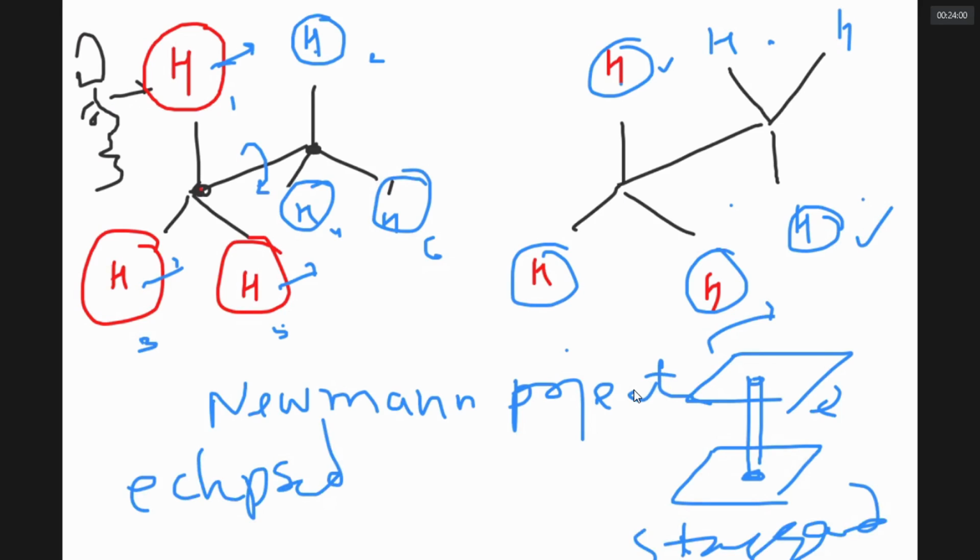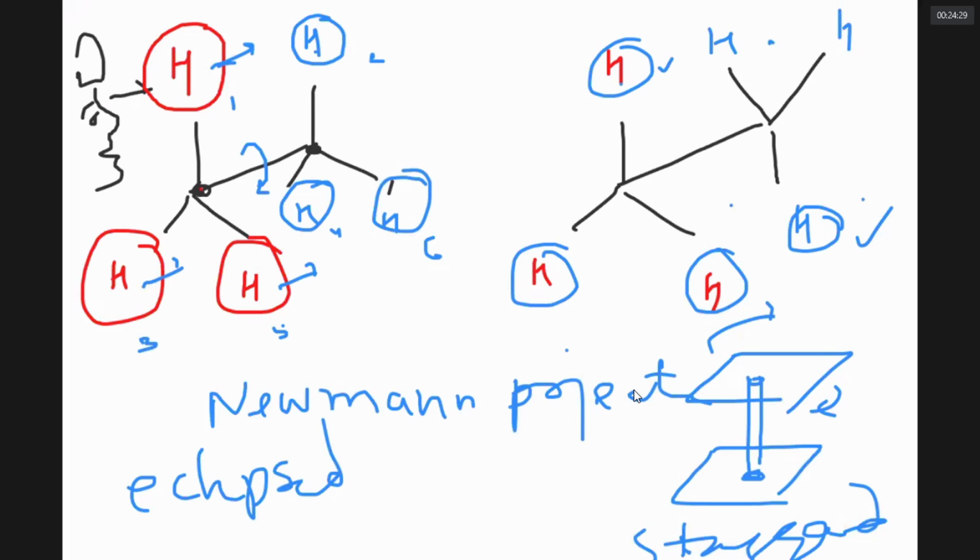How many orientations can I have? If you rotate by 360 degrees, there can be infinite orientations. The different forms of a molecule that arise due to free C-C rotation are called conformers.